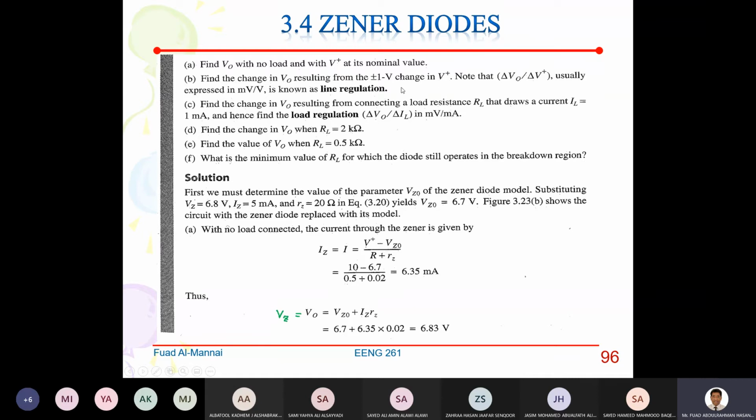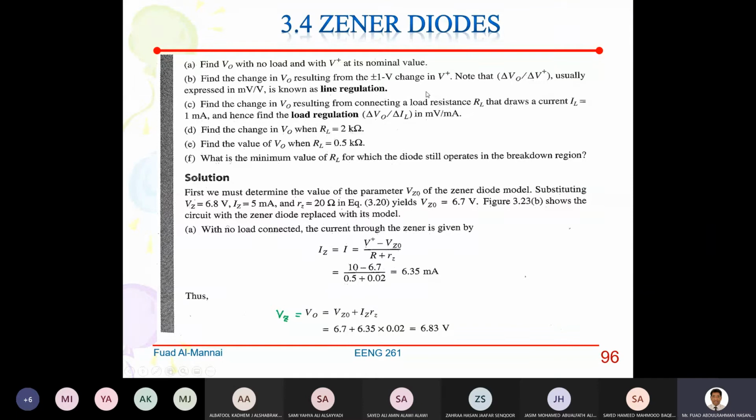Remember that delta V out divided by delta VCC, usually expressed in millivolt per volt, is known as line regulation. So line regulation is equal to delta V out over delta VCC. That's what he wants us to do.